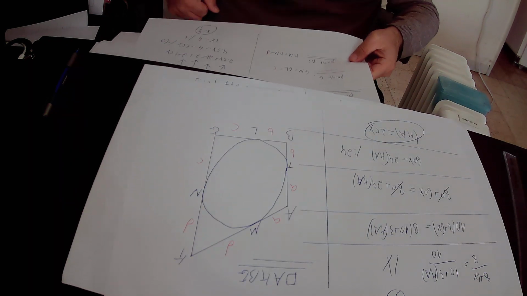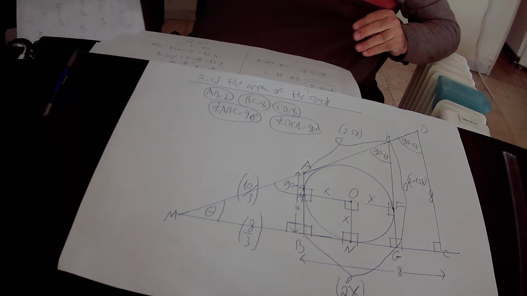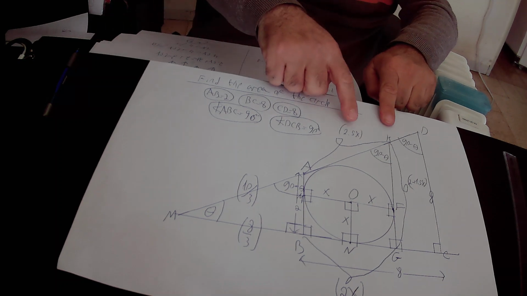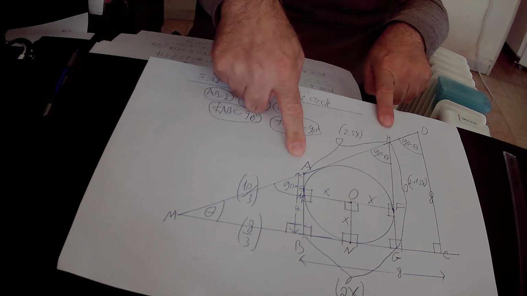Okay, so here AK equals 2.5x, therefore we substitute AK by 2.5x, plus BG.